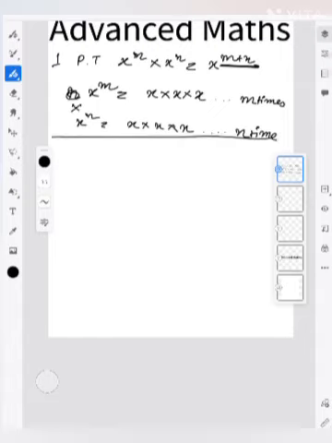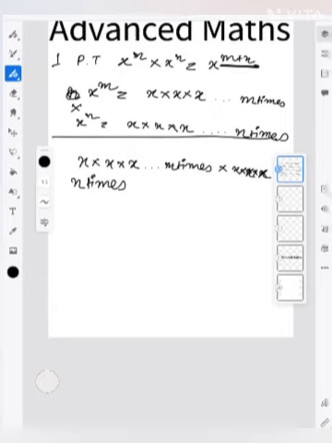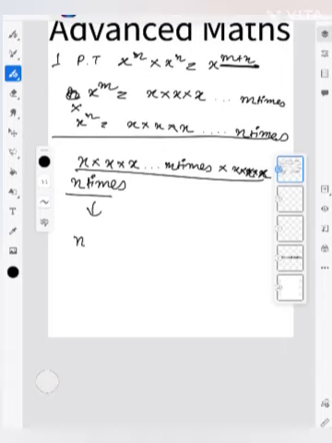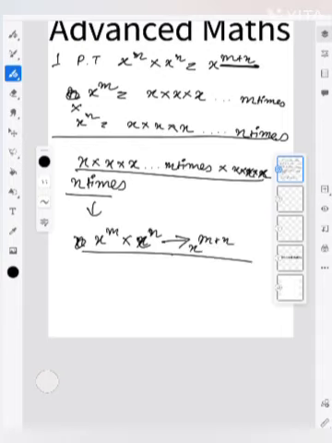When we multiply both of these, we get x times x times x up to m times, x times x times x up to n times, which is equal to, when we multiply both of them, the number of x increases by m times and n times also. Therefore, we put that x to the power m times x to the power n is equal to x to the power m plus n.